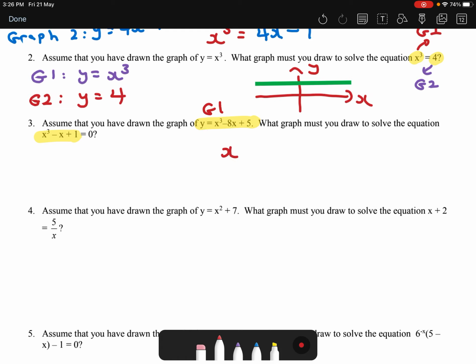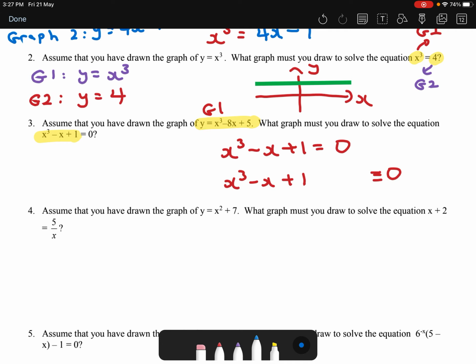So let's see this equation, x cubed minus x plus 1 equal to 0.